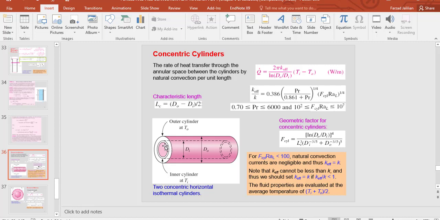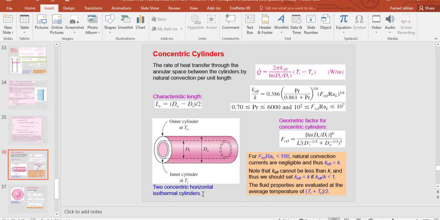The heat transfer is between the outer surface of the inside cylinder and the inner surface of the outer cylinder. And the temperatures of these two cylinders are different. The outer cylinder temperature is T_O, which is different from the temperature of the inner cylinder, T_I. So this geometry and orientation is two concentric horizontal isothermal cylinders.